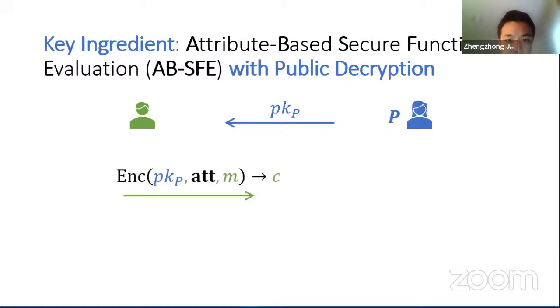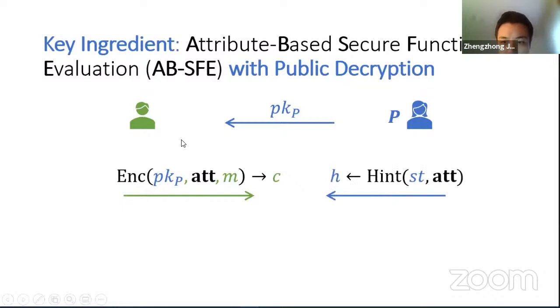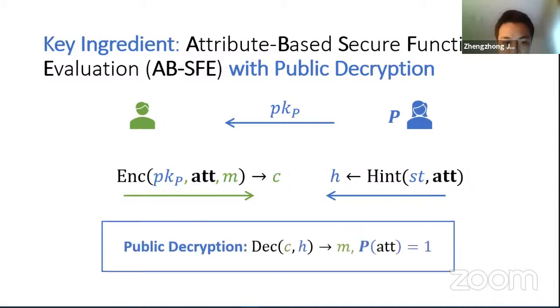The sender can use this public key to encrypt some message M with some attribute and compute some ciphertext. Then the authority can use the same attribute to generate some hint H. We require that anyone with the ciphertext and the hint can publicly decrypt the message M if the attribute is satisfied by the policy.